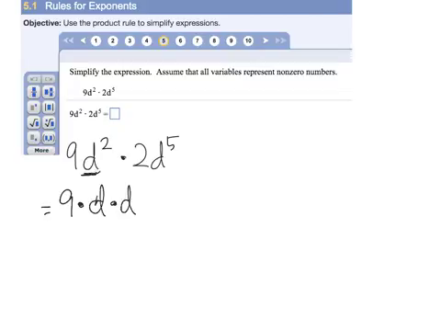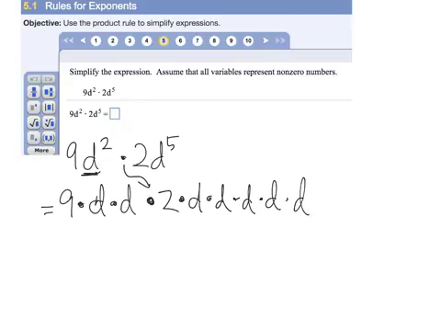Then we have this times sign comes down, and then what do we have over here? This is 2 times d times d times d times d times d. So let's make sure I did it right.